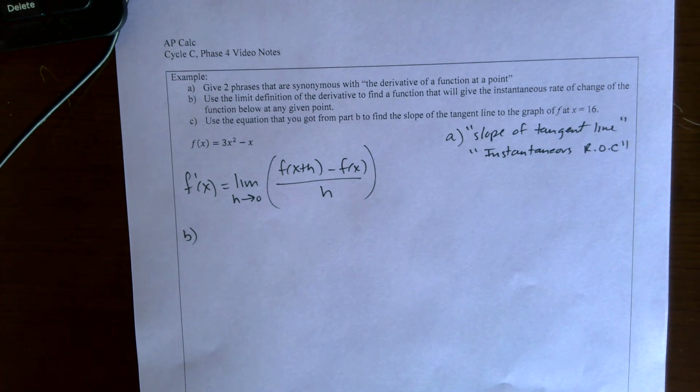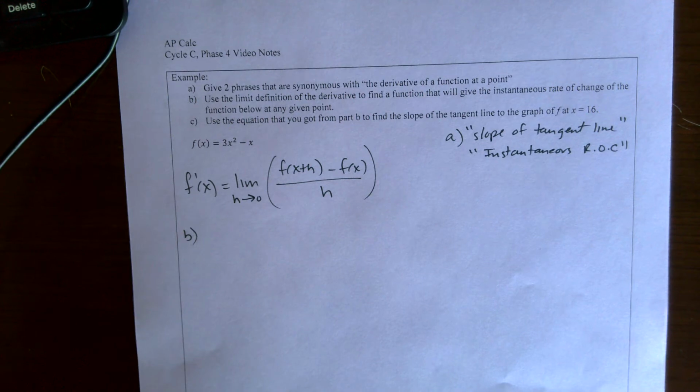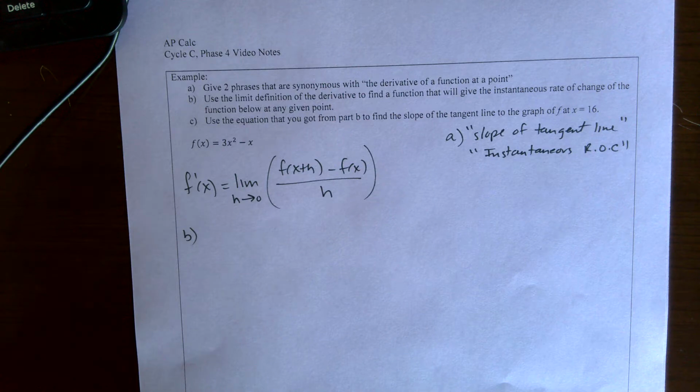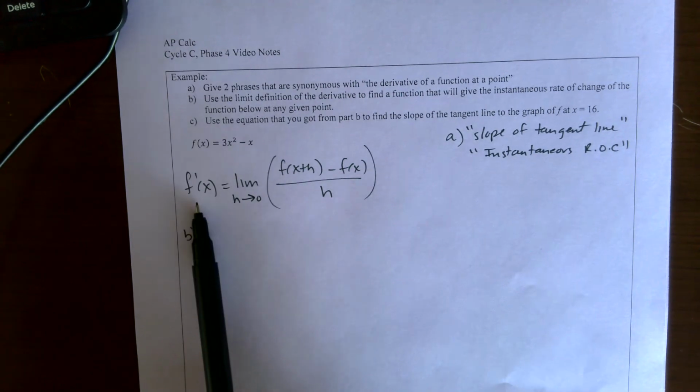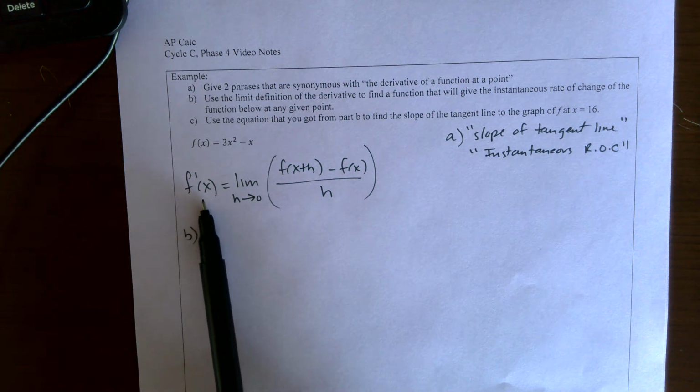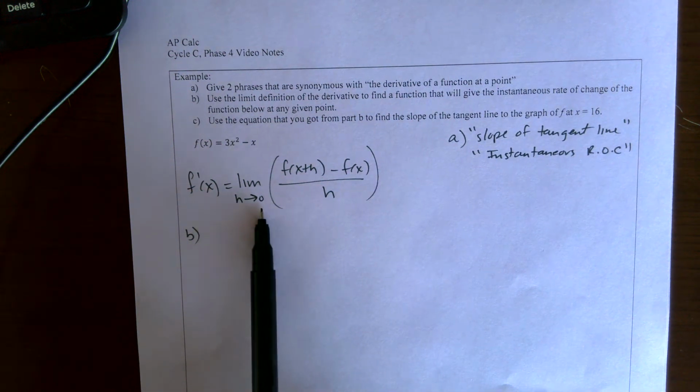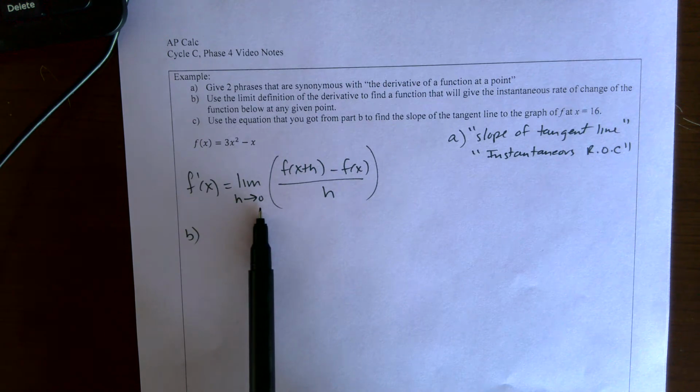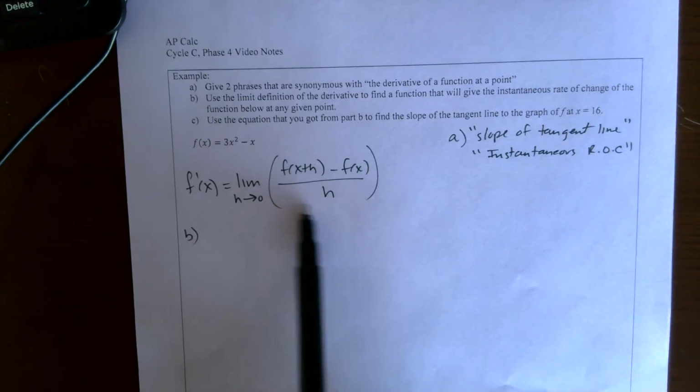Okay, now part B says use the limit definition of the derivative to find a function that will give the instantaneous rate of change of the function below at any given point. So here's the formula. f prime of x, which stands for the derivative of f at x, equals the limit as h approaches 0 of this right here.